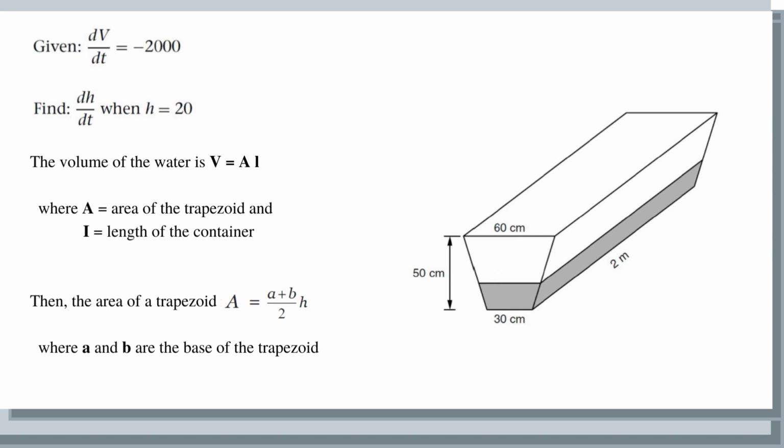Then, we can now recall the area of the trapezoid, which is the sum of the bases times the height all over 2.